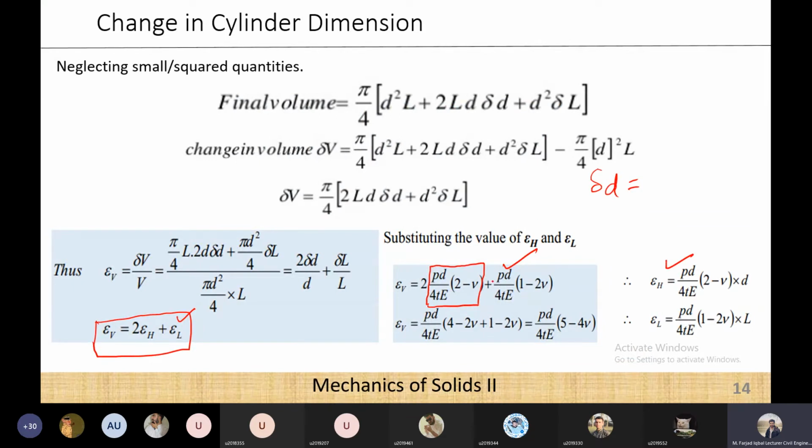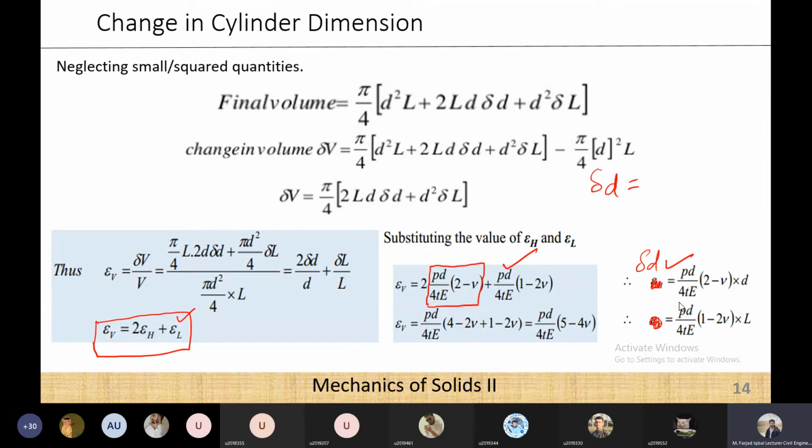Just wait a moment, I think there is some mistake in this one. Okay. Actually, this relationship is not for epsilon H. In fact, it is for delta D. Just make this correction in the slides.